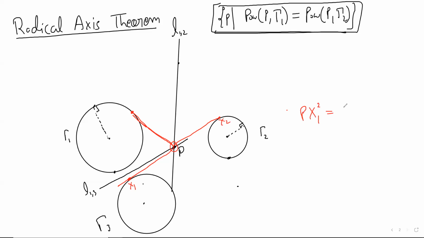The tangent lengths from P to the three circles are all equal. What does that mean? It means that P is on the radical axis of gamma 2 and gamma 3. So whatever the radical axis is, it will pass through these points. That's all I'm saying: the three radical axes are concurrent, because that point has to be on the third one also.